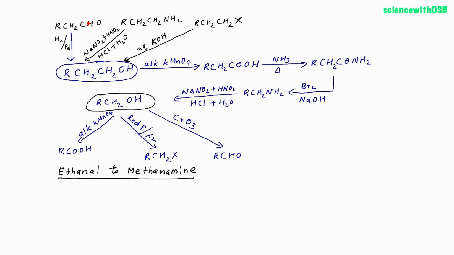So start from here. Then reduce it, alcohol, oxidize it, carboxylic acid, adding ammonia, heating, losing water, you are getting amide. Then see, Hofmann bromide reaction, you will be getting the amine of lower homologue. You can stop the conversion here, okay? You can stop it here.